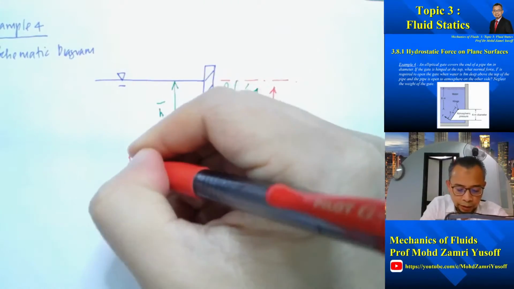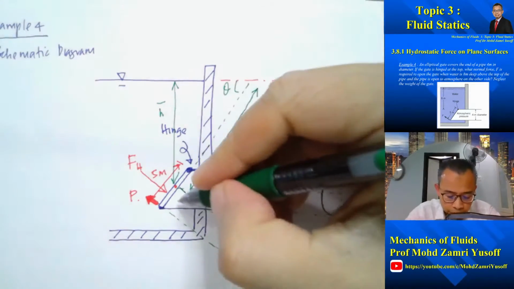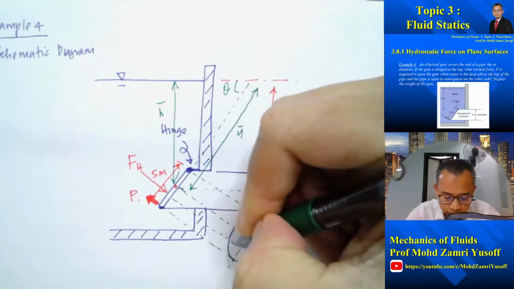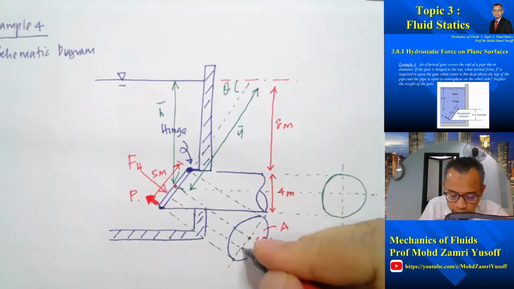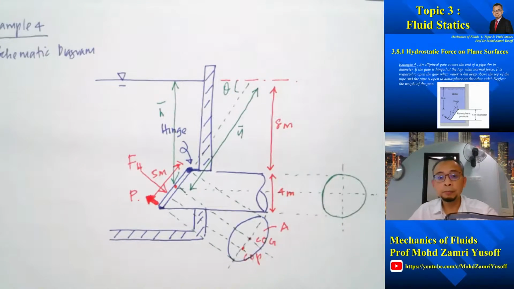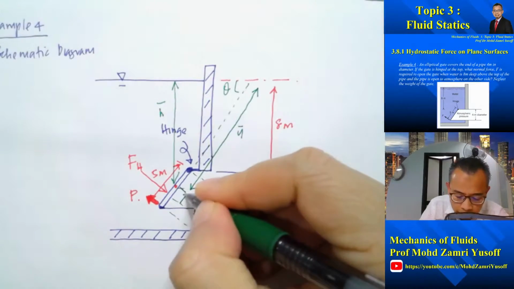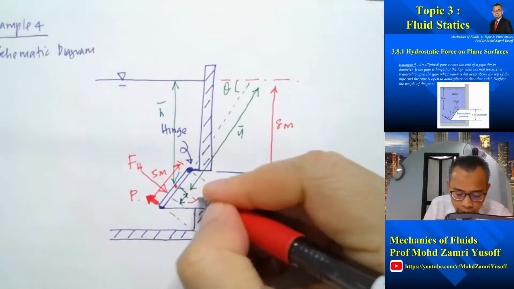If I call that F hydrostatic, it will be acting through the COP. So this is our COP, center of pressure, and this distance here is our YCP.